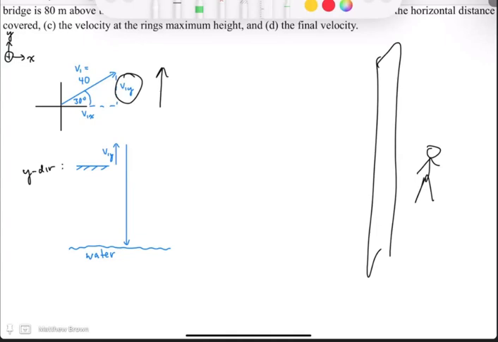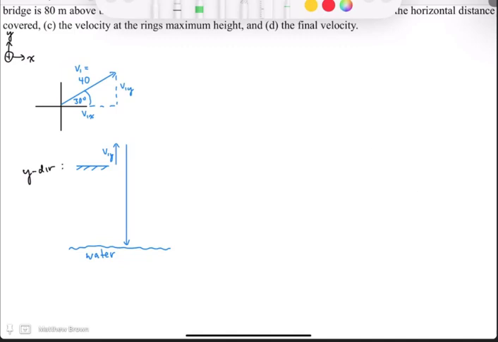It goes up to whatever maximum point, and then it goes right back down, and that is exactly what happens. The fact that it also has an x component to its velocity doesn't matter at all. It just means it is going to move in the x direction. But as far as its velocity in the y direction, only gravity matters for that, because that's what's going to affect it.